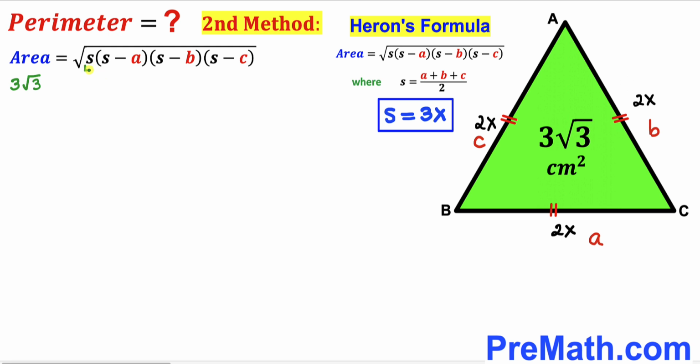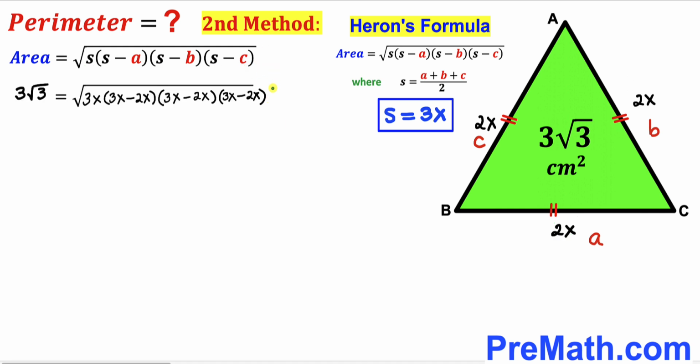And here for this s value, I'm going to substitute it with 3x, and then this s value is going to be 3x minus our a value is 2x, so I'm going to put down 2x over here. Likewise for this s value is 3x minus b value is 2x, and finally s value is 3x minus c value is 2x, as you can see in this next step.